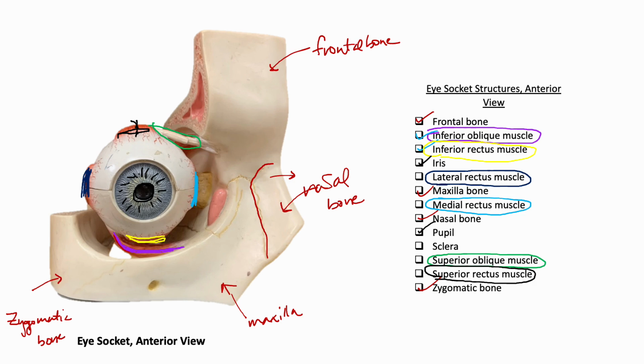And in a future lesson, when we talk about the autonomic nervous system, there's a parasympathetic and a sympathetic arm. And it turns out that the parasympathetic arm of that division is responsible for the sphincter portion, right, when to constrict that pupil, whereas the sympathetic division is responsible for the dilation of that pupil. But anyway, the iris is made of smooth muscle.